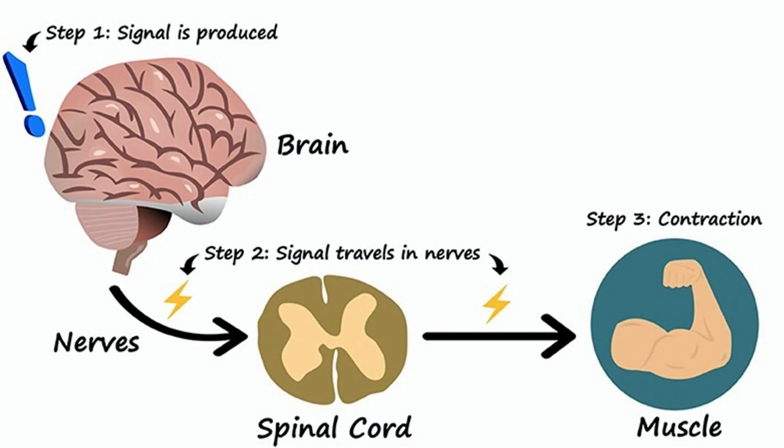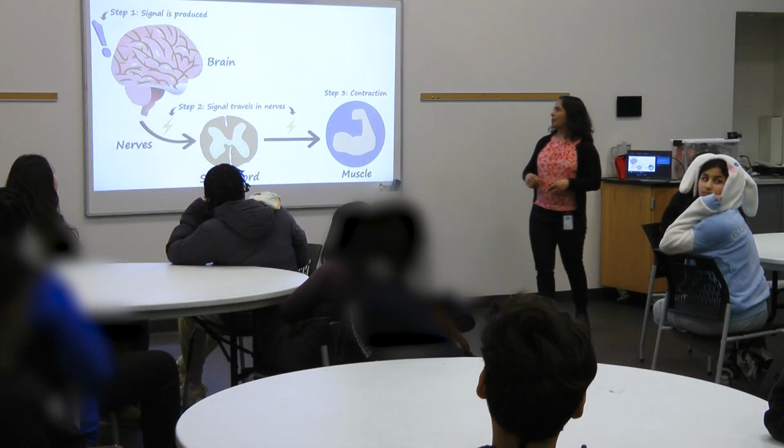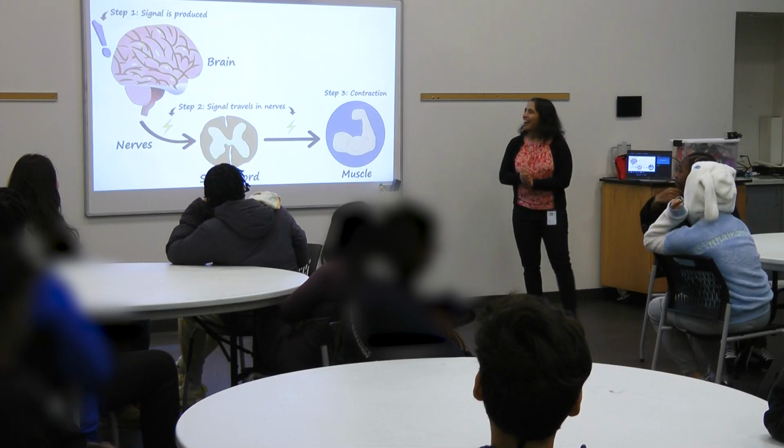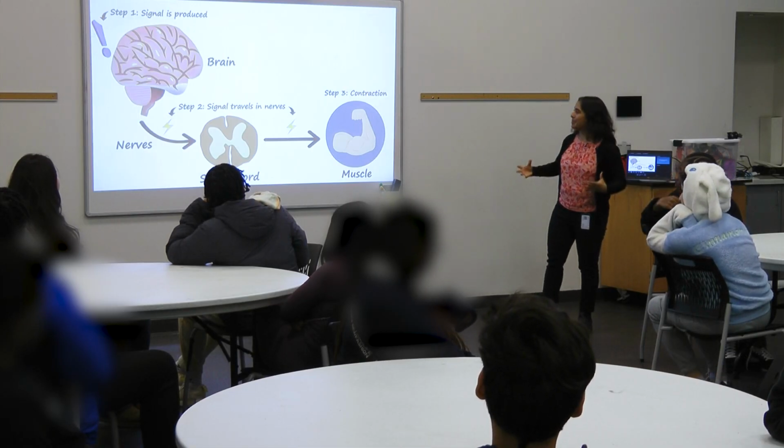So you guys really hit the main points here of thinking about how we start in the brain. So we start with the brain, thinking about how we make decisions to move. This is all about our voluntary movement, right? So whether it's music or some other sort of external stimulus that makes us decide to move.